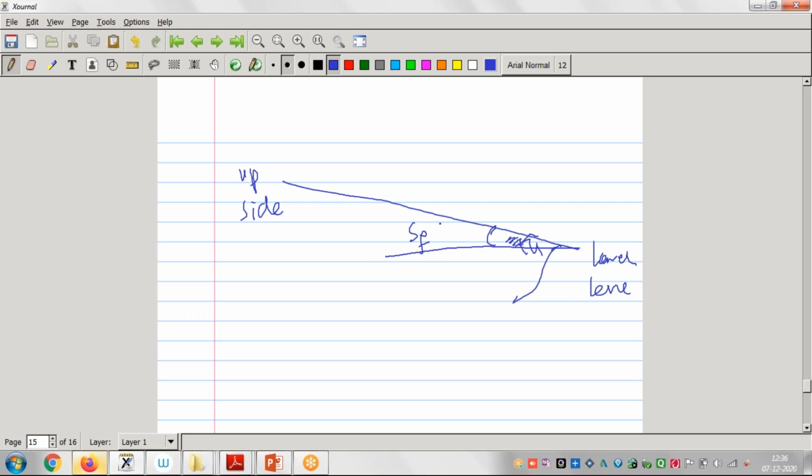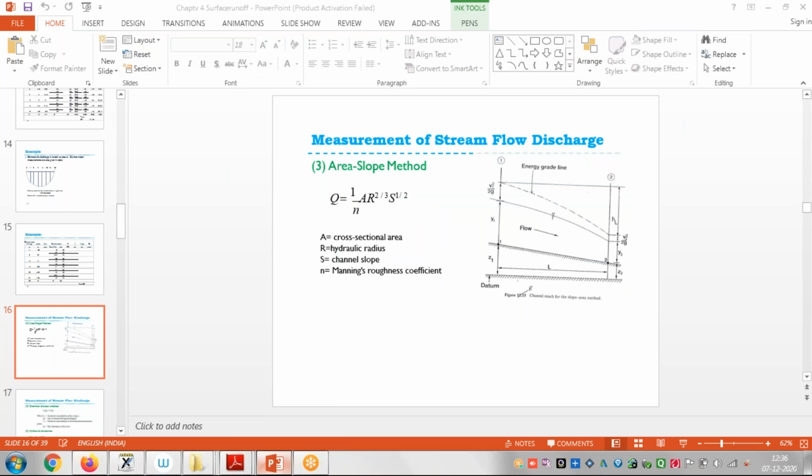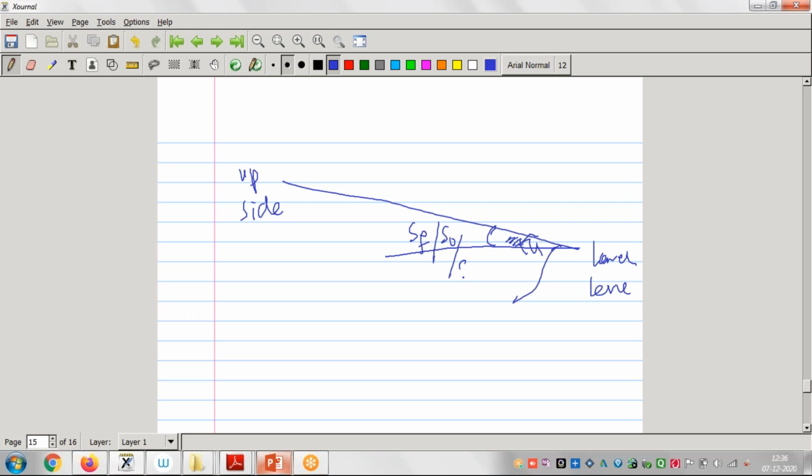This is SF, or it is also called S0, or sometimes it is known as S. Is this clear? This is the bed slope with the horizontal. This is S or SF or S suffix 0. This is called the bed slope, right?